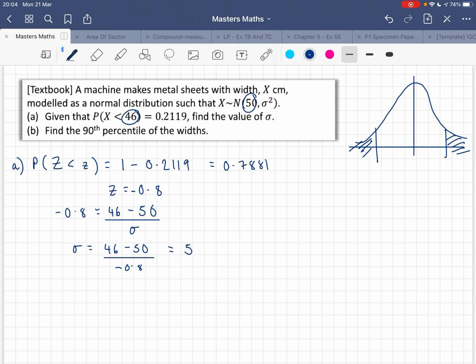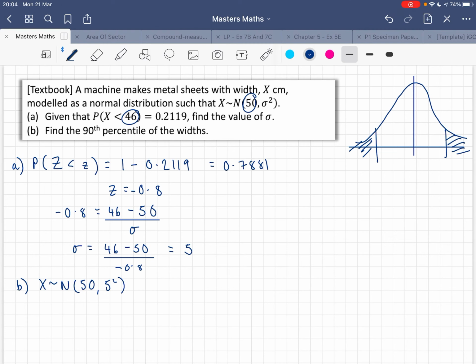This is only part A. There's also part B, find the 90th percentile of the width. So now that I have my normal distribution, X is normally distributed with mean of 50, standard deviation of 5. Now I can use that to work out a value.